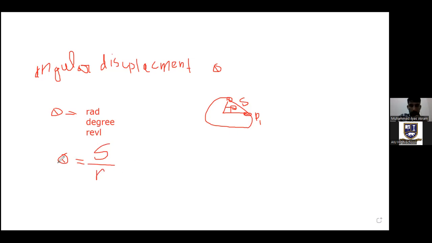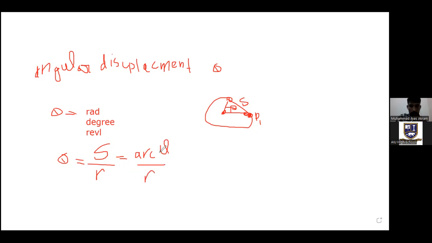So that is the angle made by both points, and that is the distance s covered by the point P1 from here to here, and this is the radius from the center point to the last point of the P. So theta is equal to the distance, or we can say the arc length, divided by the radius.